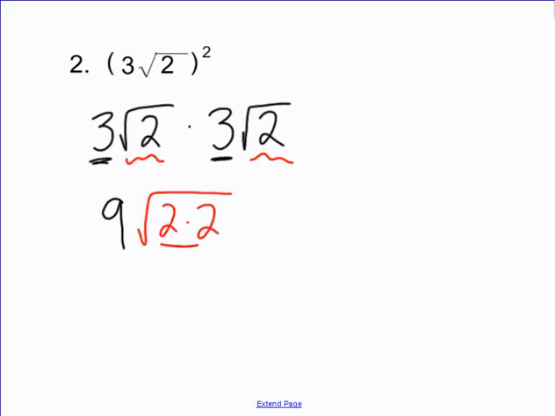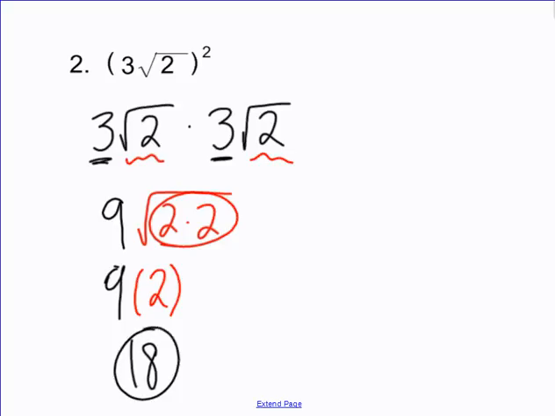Sure enough, I get a pair. So what I'm left with is 9 times 2, which is 18. Notice I squared 3 is 9. If I square a radical 2, I get 2. 9 times 2, 18.